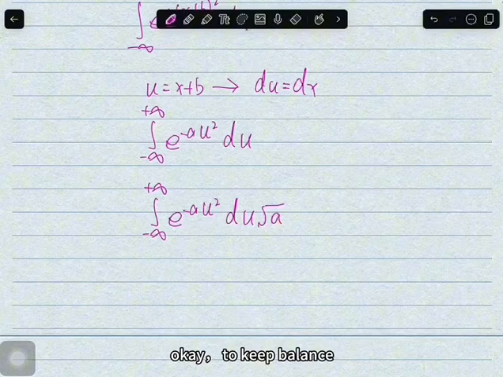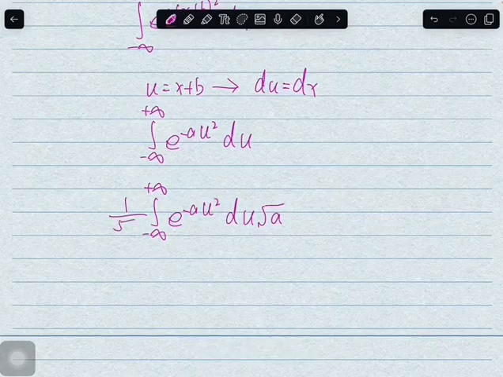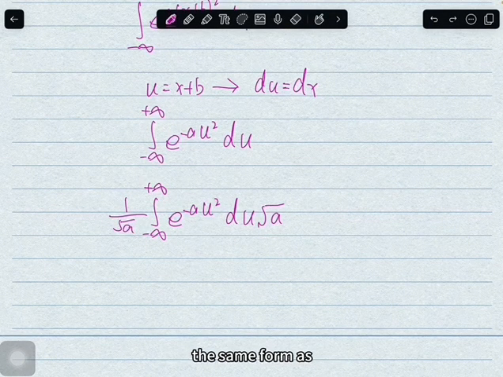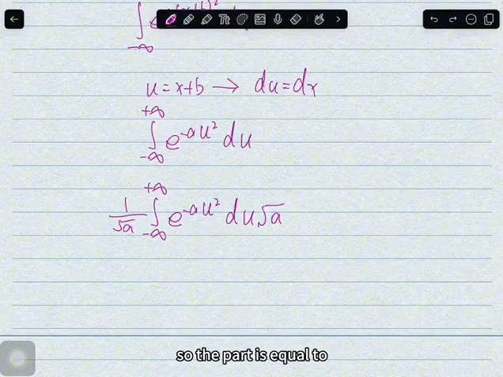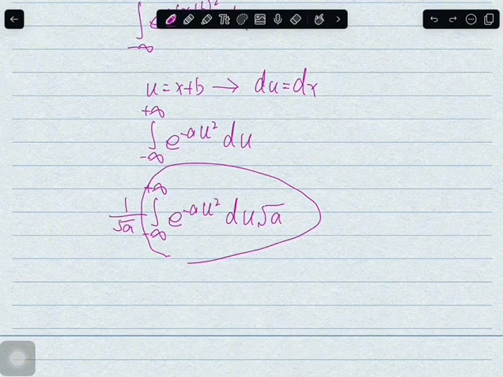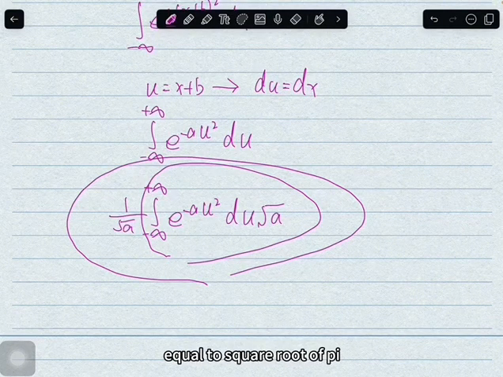To keep balance, we also need to add 1 over the square root of a. See, this is absolutely the same form as the Gaussian integral, right? So this part is equal to the square root of pi. And then we get the solution of the integral: the square root of pi divided by a.